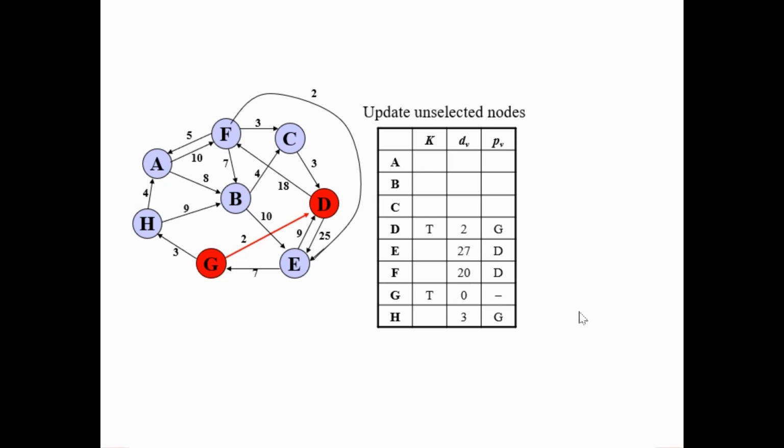Now again we have to decide which node to visit next. The next in line is H, so we will visit H, and the visited column of H will be updated with true value.